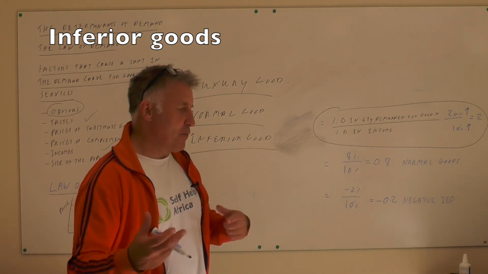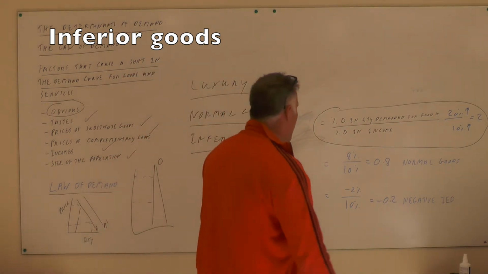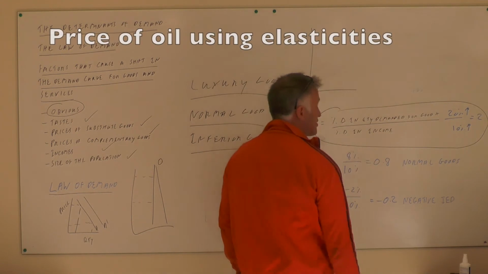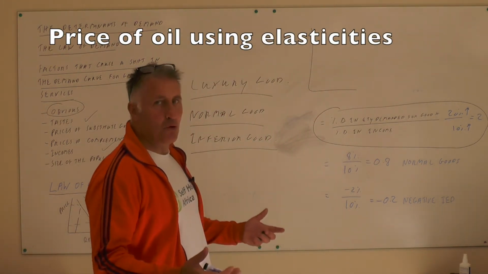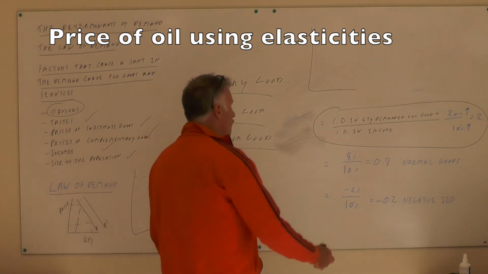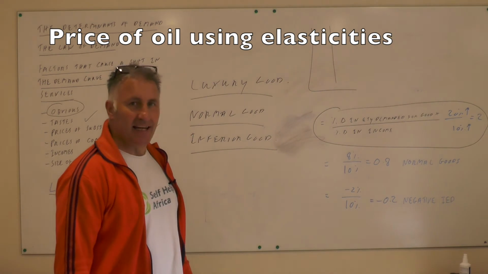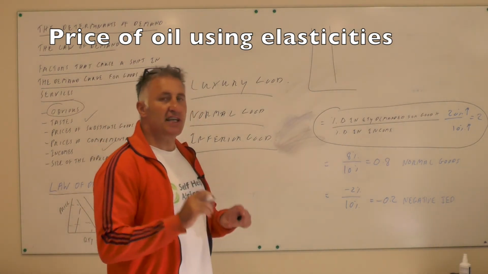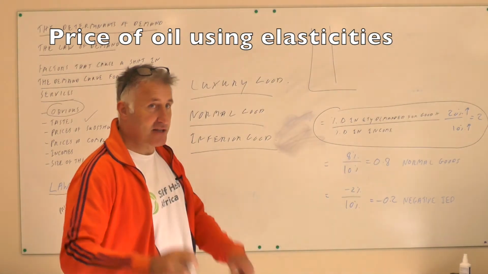So for instance, when we do the macro course, when we're importing goods, one of the problems in the world today, and it came up in the last exam, is if the price of your imports goes up. So the price of oil goes up. In the short run, we have an inelastic demand for oil because it is a necessity good, and that is one of the determinants of the elasticity.